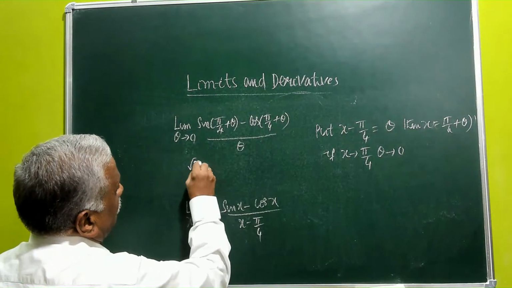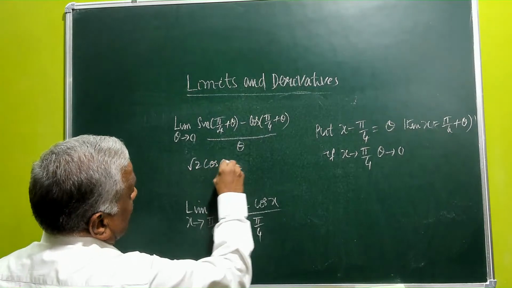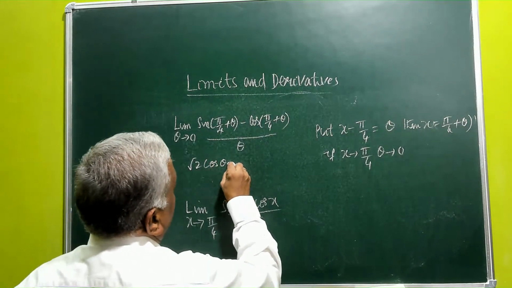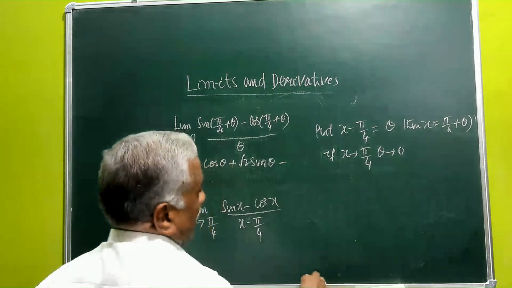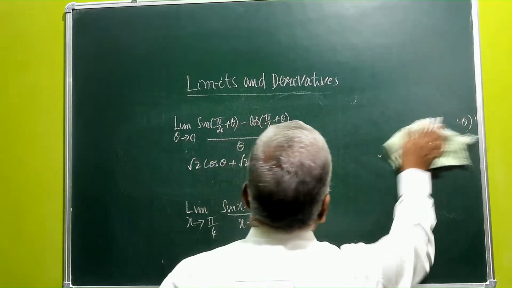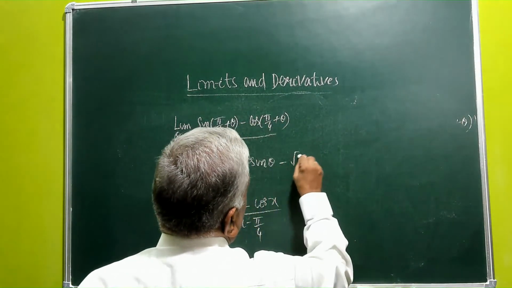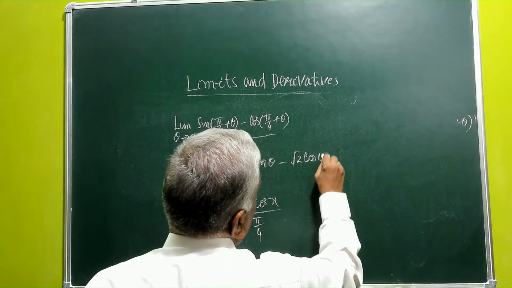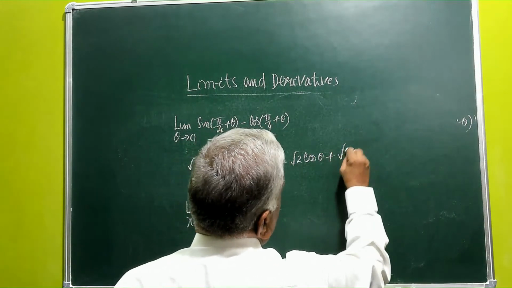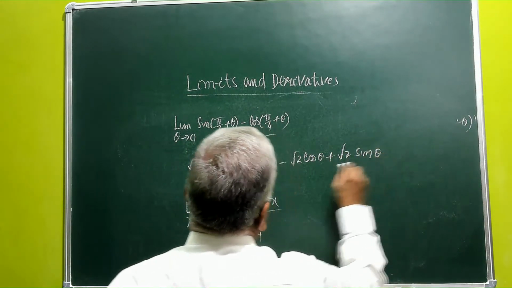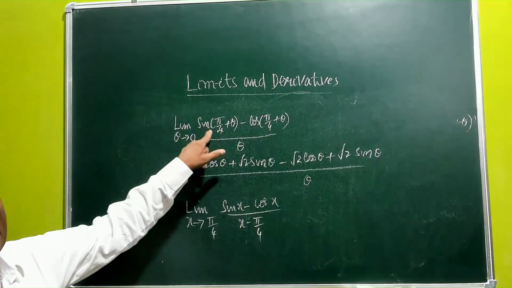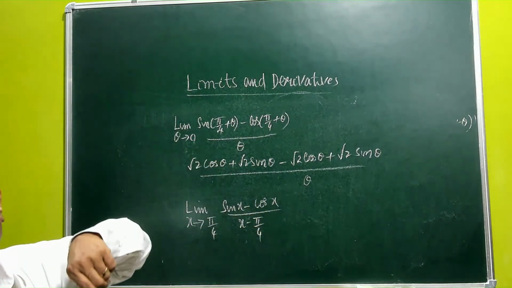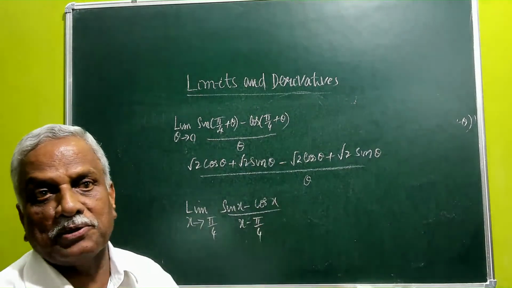It is 1 by root 2 cos theta plus 1 by root 2 sin theta minus 1 by root 2 cos theta plus 1 by root 2 sin theta divided by theta. See that this much you must do fast.